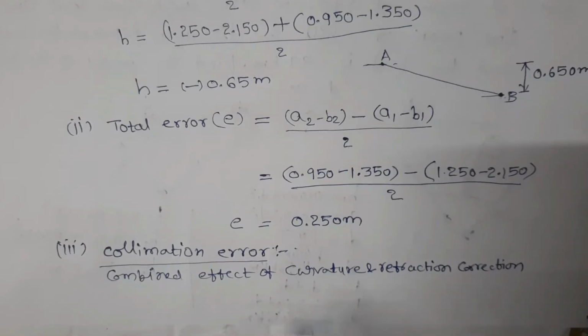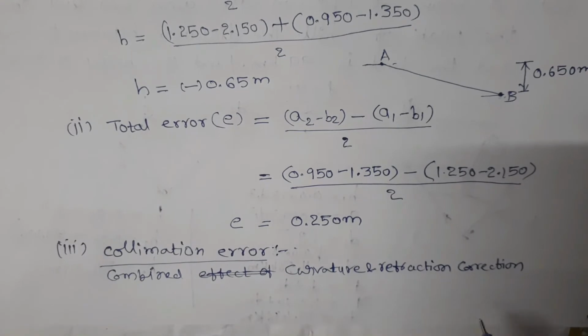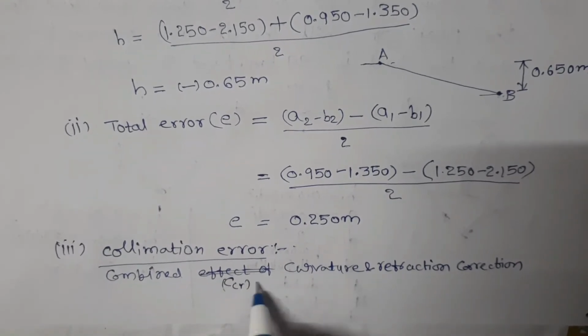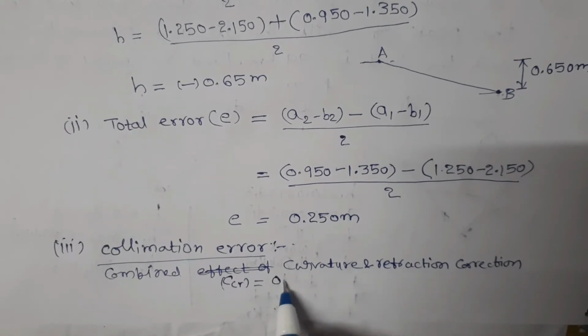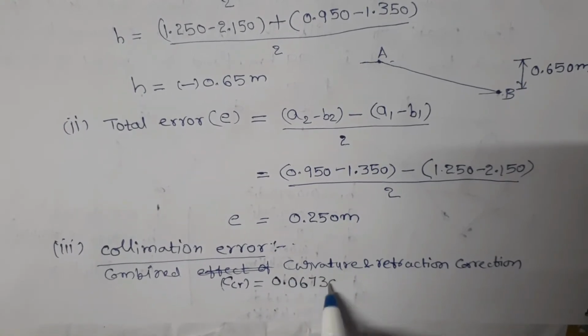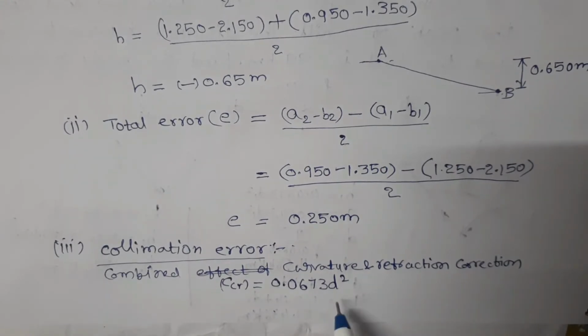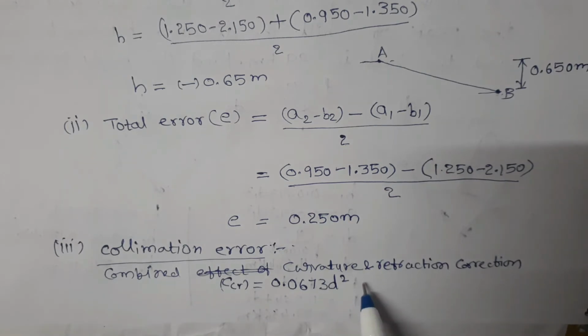Combined curvature and refraction correction, CCR, is equal to 0.0673 d square. Here d is the distance between A and B, which is given as 1.555 kilometers.